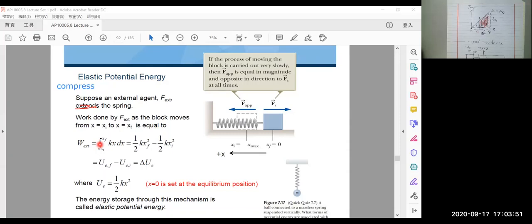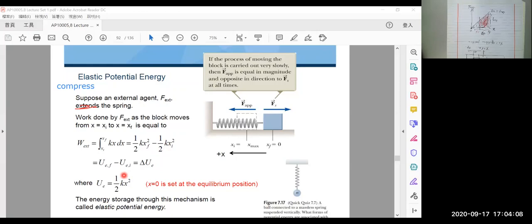So that is something you have to be careful about. When you consider the elastic potential energy, it is the final value minus the initial value, and you have to be careful about what the starting point and the final point are.